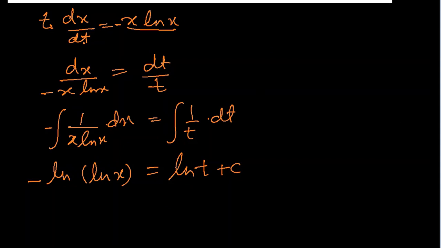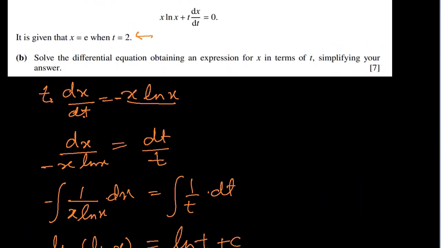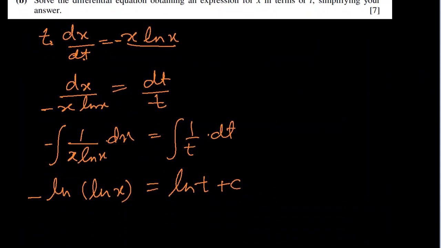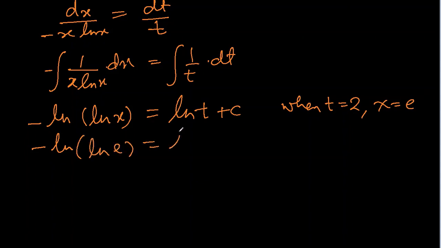Now they have given the value of x and t to find the value of c. So x is equal to e when t is equal to 2. So minus ln, let's write here. When t is 2, x is e. So ln e equal to ln 2 plus c. ln and e are inverse of each other. They cancel out and they give us 1.